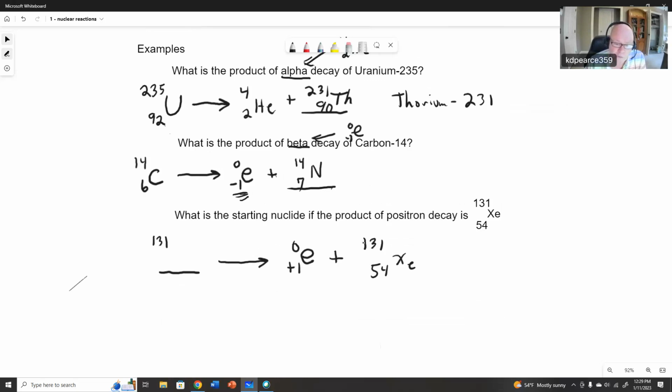Well, of course, electrons don't have atomic numbers, but we treat them the same way and say 1 plus 54 gives me 55. And so we check and see the top numbers add up, the bottom numbers add up, and it's balanced. And we look for element number 55, and it is cesium. There it is. We have found the missing piece out of this equation, even if it's on the reactant side.